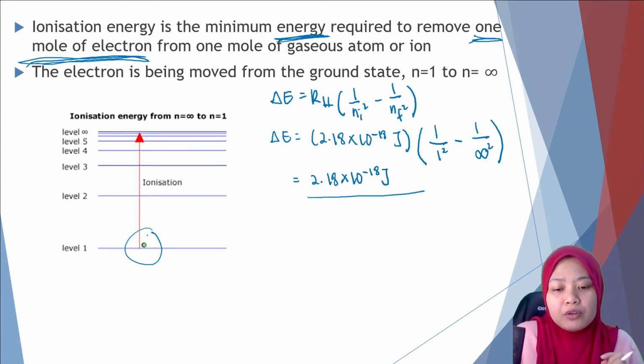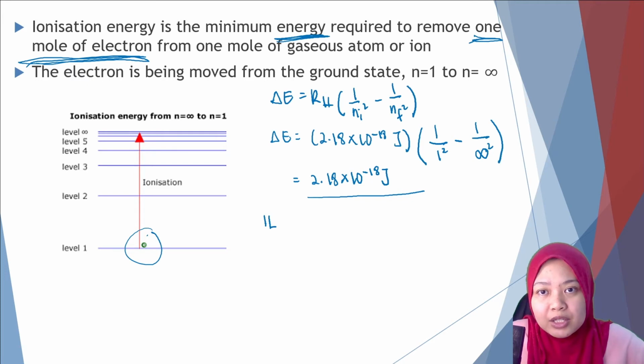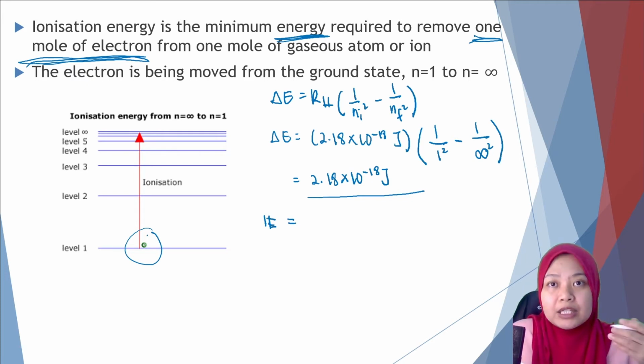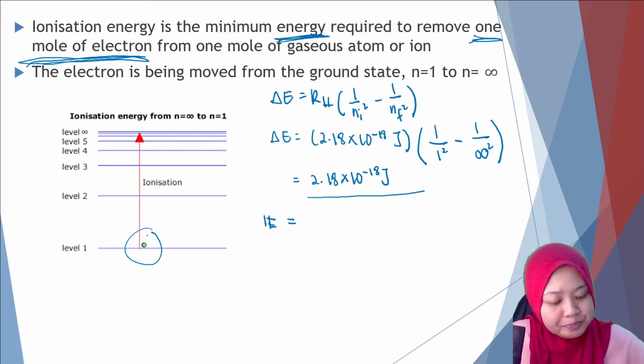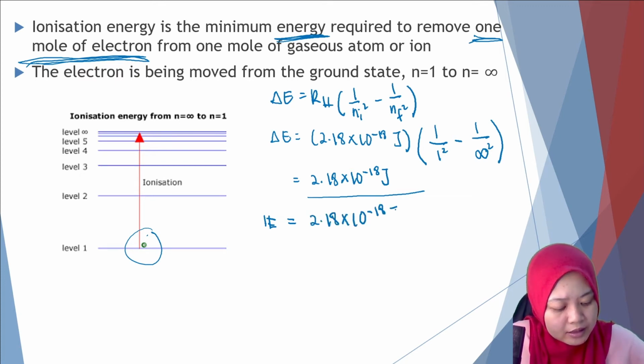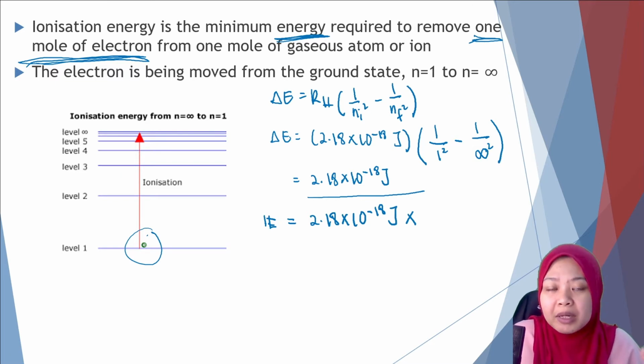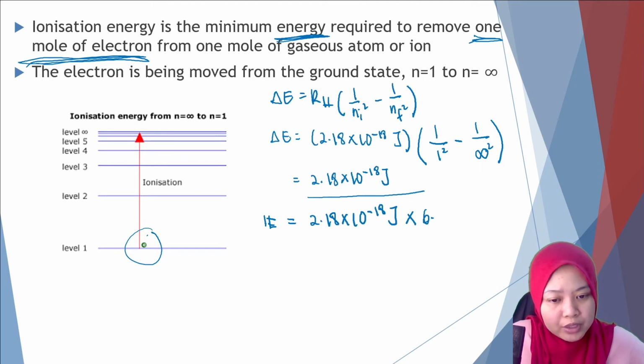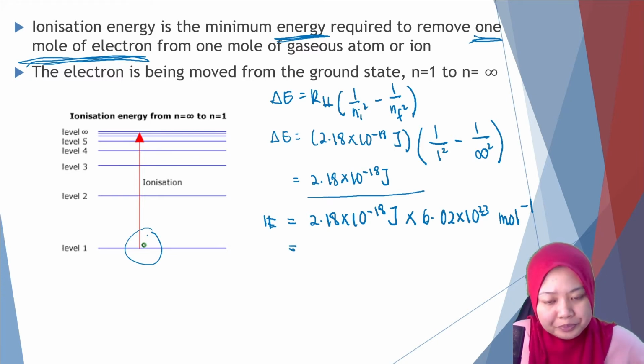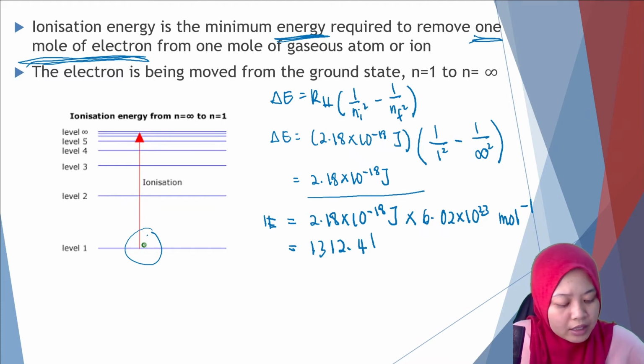So to find the energy for 1 mole of electron, to get the ionization energy, you divide this delta E by the Avogadro number. Because the unit of Avogadro number is mole minus 1, 6.02 exponent 23 mole minus 1, you will get 1312.4 kilojoule mole minus 1.